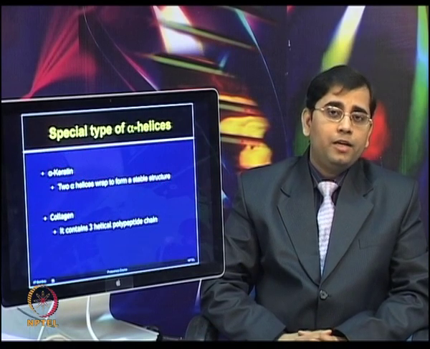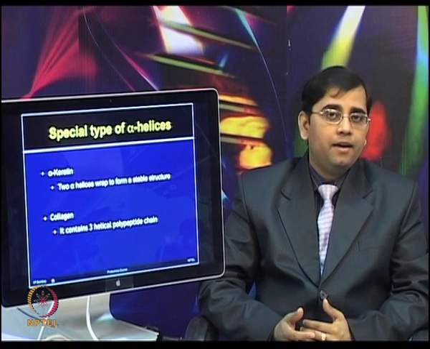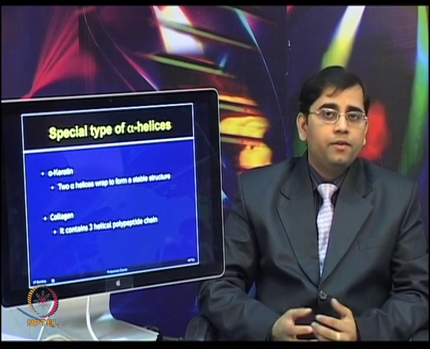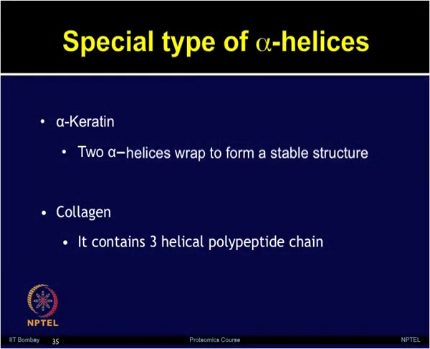There is a special type of alpha helix, where 2 alpha helices can wrap around each other or 3 alpha helices can come together. The first example is alpha keratin, where 2 alpha helices wrap to form a stable structure.